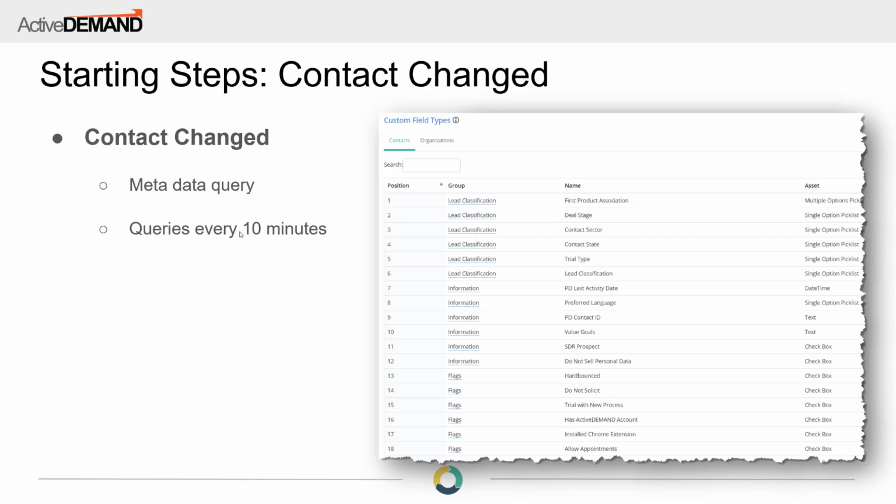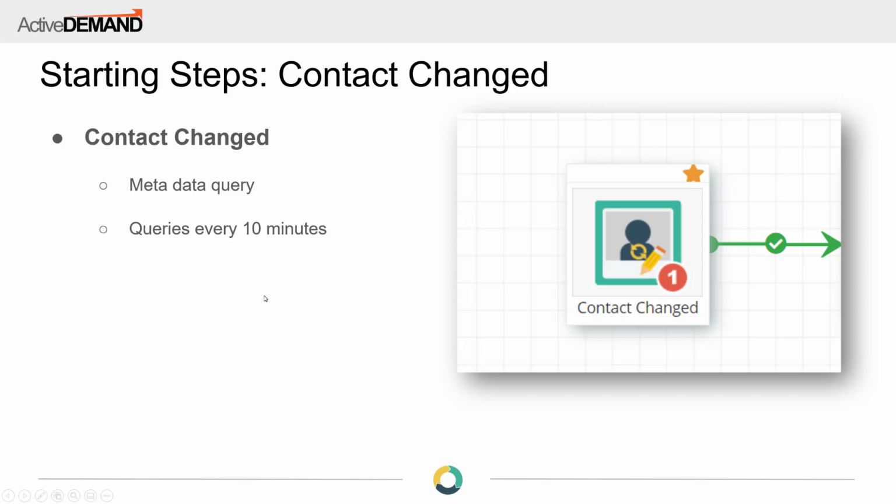Anybody that matches the query in the starting step will be pulled into this specific workflow. This is what the icon looks like, and it's showing that some contact has been edited and saved. Once we detect this, that brings the person into the workflow.